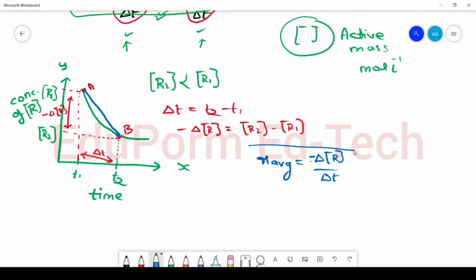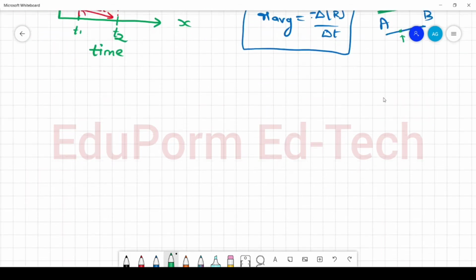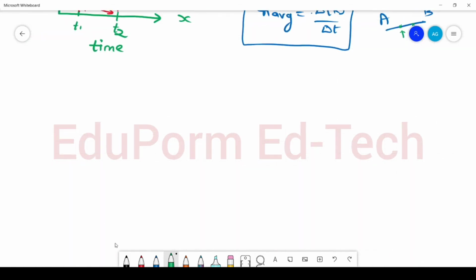And why is it average rate? Because it is the average rate of reaction between point A to point B. It is not the rate of any particular point, but it is the average rate between point A to point B.